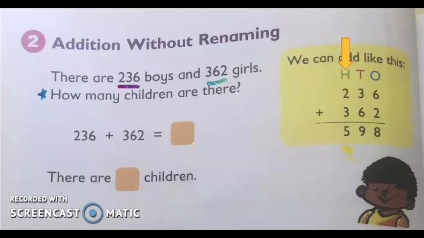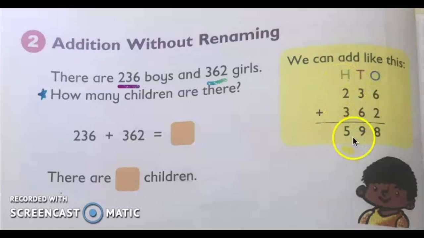Then let's look at the hundreds place. 2 plus 3 equals 5. So notice how the ones are perfectly lined up with the ones, the tens are perfectly lined up with the tens, and the hundreds are perfectly lined up with the hundreds.